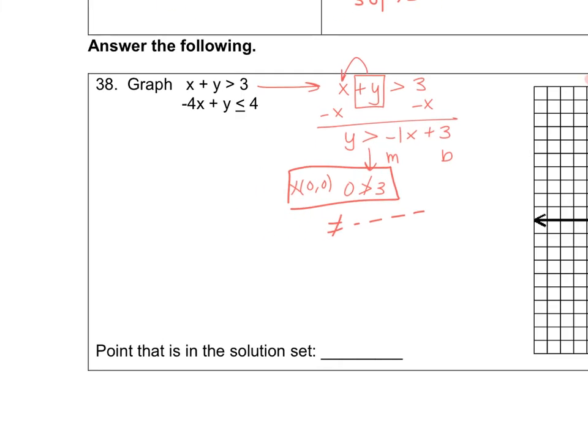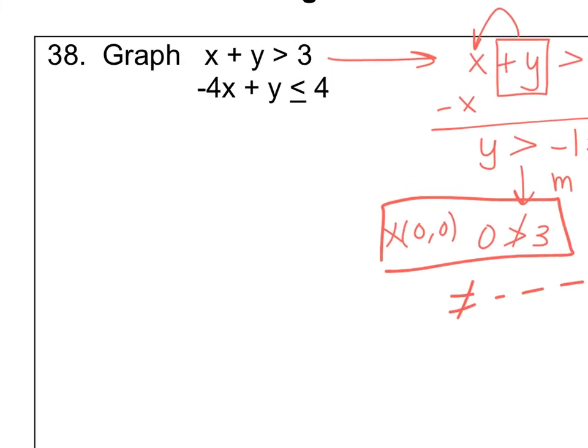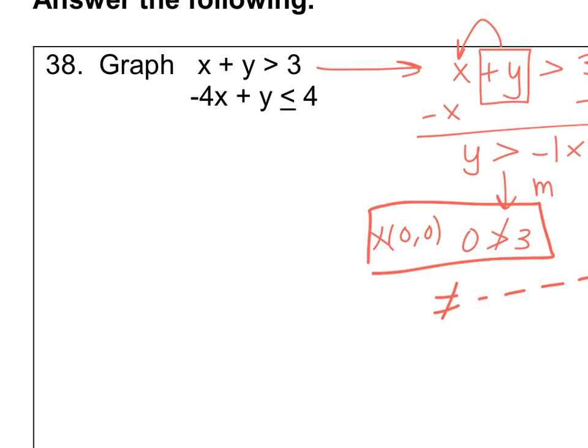The second one we're going to do with the intercept method. Intercept method means I'm going to only focus on one variable and zero out the other. So if I'm looking for an x-intercept, I'm not going to pay attention to y, and we're going to zero y out and only focus on the x part of it. That means I would have the little equation of negative 4x less than or equal to 4.